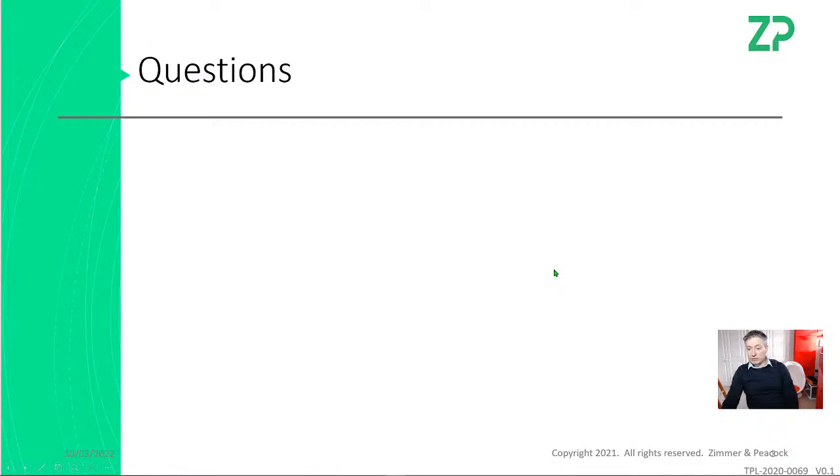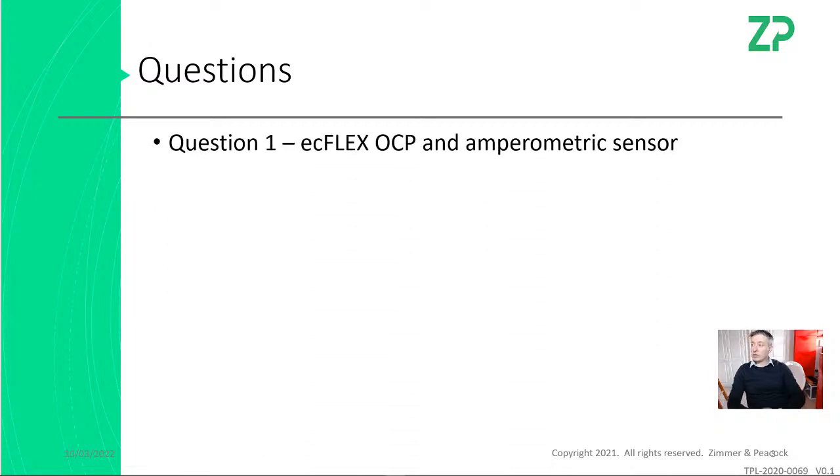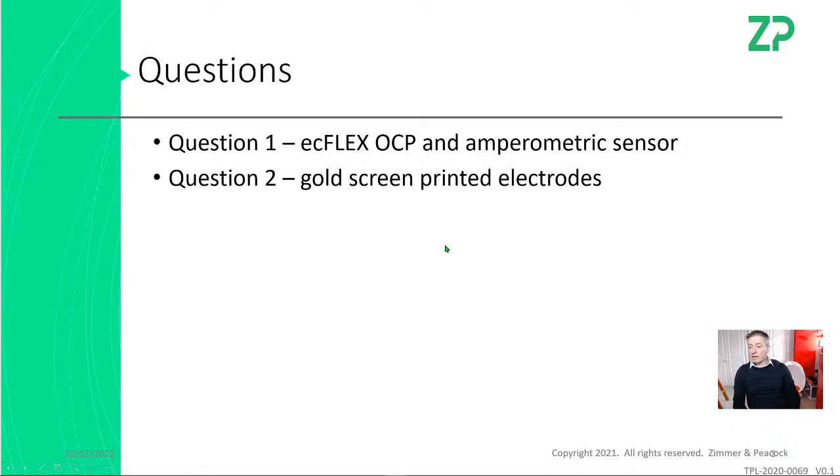Now, in terms of questions, we use this webinar every Thursday at 8 a.m. London time to answer questions. Question number one, somebody wants to order an ecFLEX, and it comes in two types: OCP, which stands for open circuit potential, and amperometric, and we will discuss the difference between those two things. We've had another inquiry about gold screen printed electrodes.